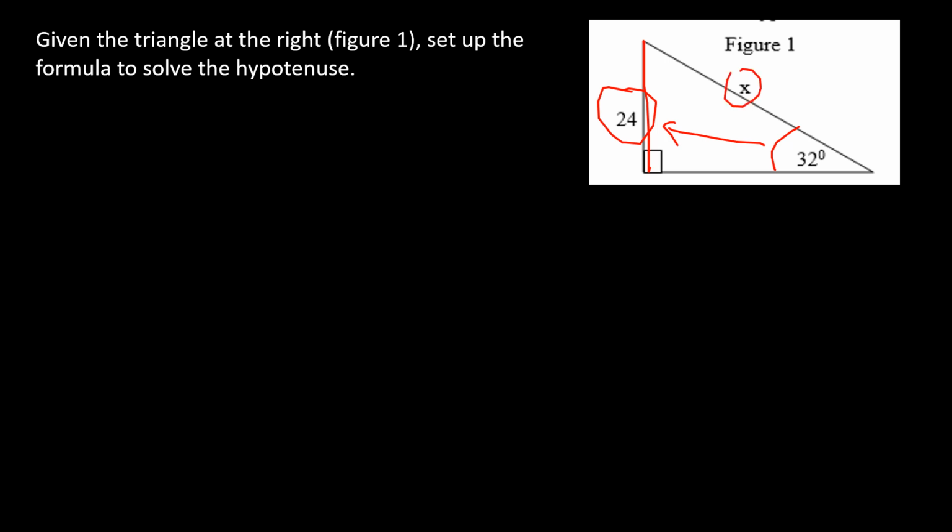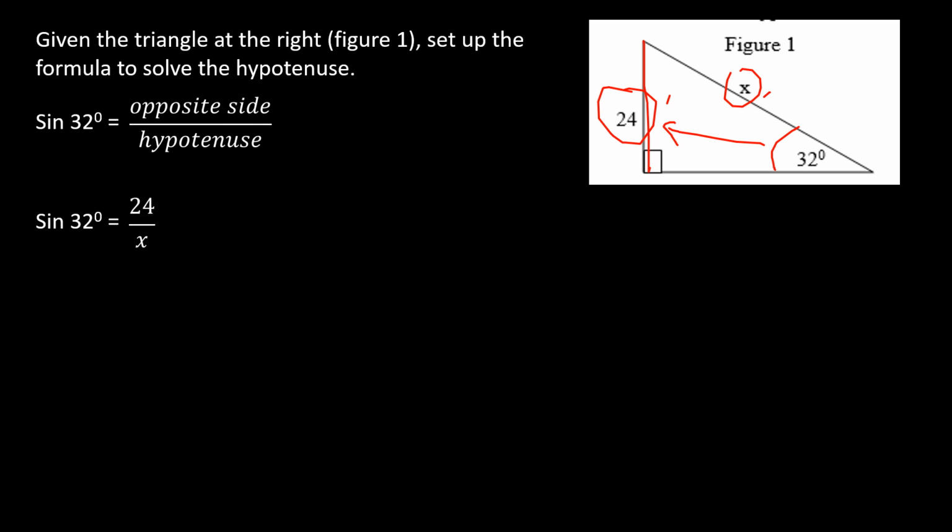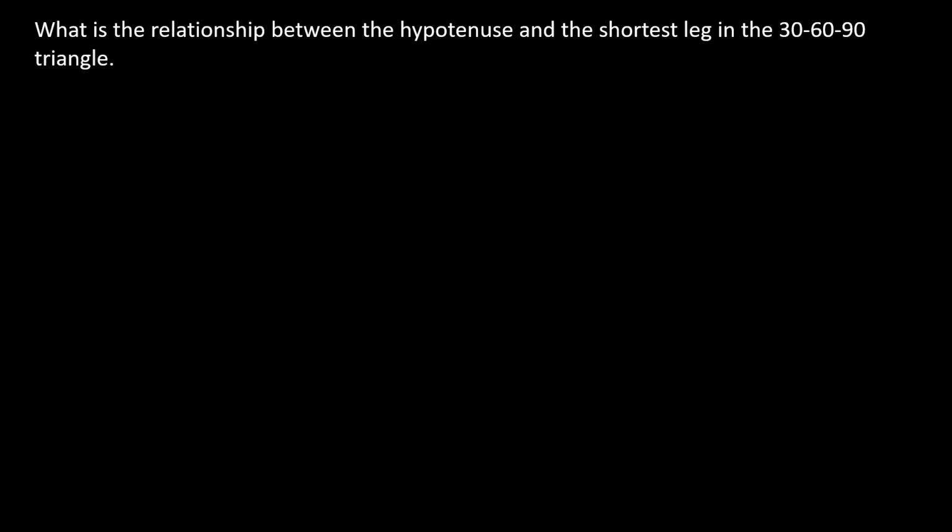So using the trigonometric ratio which involves opposite over hypotenuse, it's the sine. So if we set up the equation, we have sine 32 degrees equals the opposite side over the hypotenuse. And using the sides, we have sine 32 degrees equals 24 over x. So that's the equation to solve for the hypotenuse x.